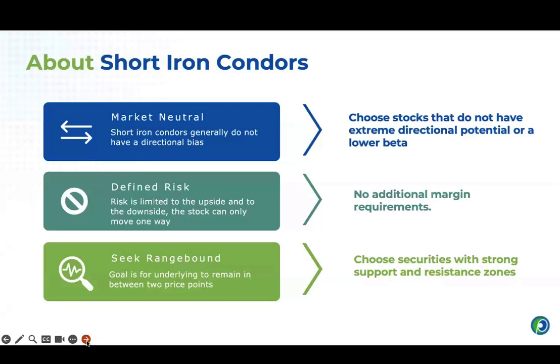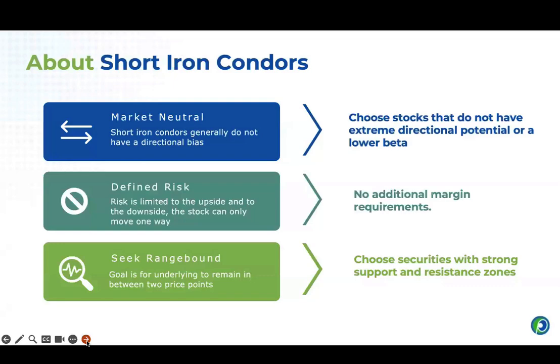And I'll give you some tools to help you do that. They are defined risk, which means there's no additional margin requirement. When you have a short put individually or a short call individually, it's about 25% of the exercisable value that ends up being your margin requirement, and they take the higher of either side if you have a short strangle. That's very capital intensive.